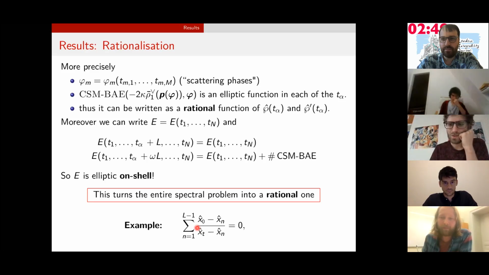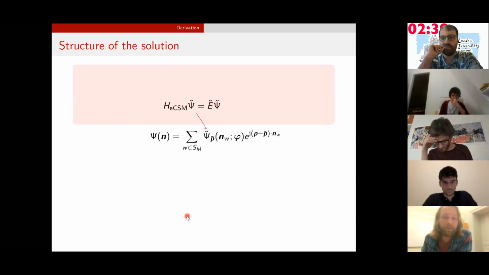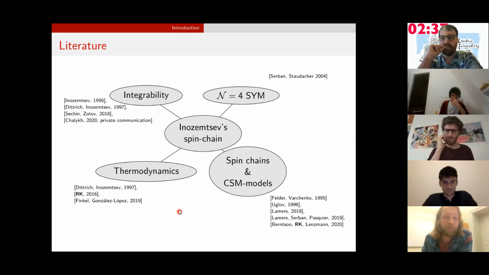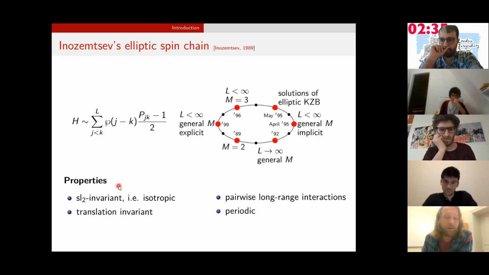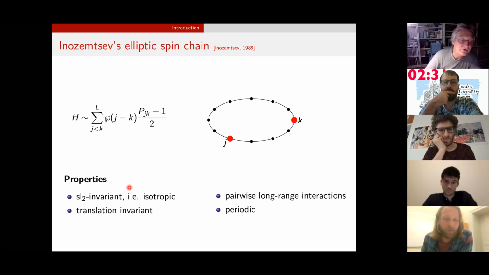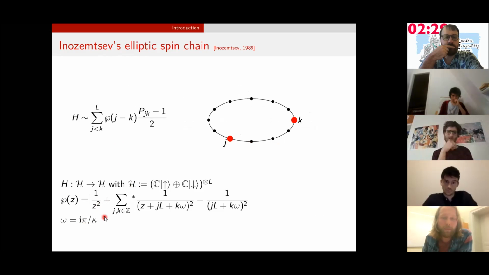Volodya? In the weights of this model, you use the elliptic function with modular parameter 1. What is the reason for it? The integrability breaks down if you choose any other tau. So tau is not exactly 1, actually.